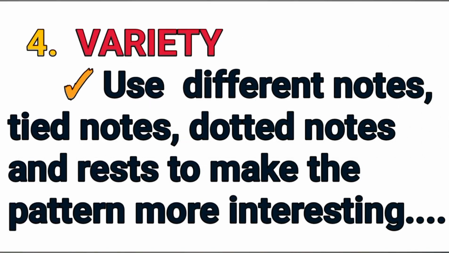And the fourth and the last quality of a good rhythmic pattern is variety. So variety, we use different notes, tied notes, dotted notes, and rests to make the pattern more interesting. And remember, the variety of the notes that you are using must add up to the time signature that you have been given, or the one that you have selected when creating your own rhythmic pattern.